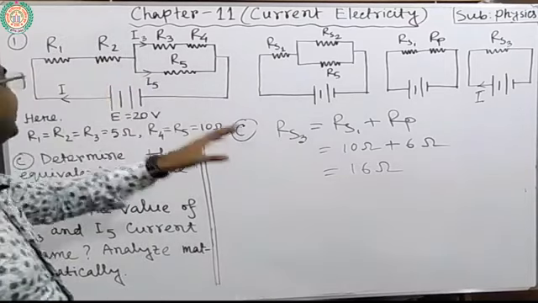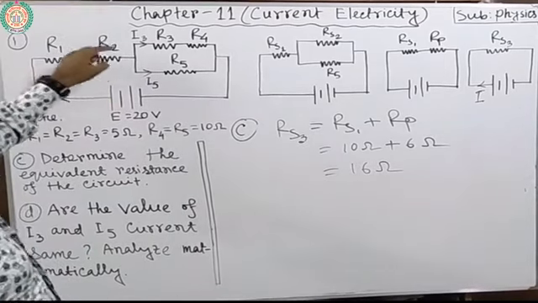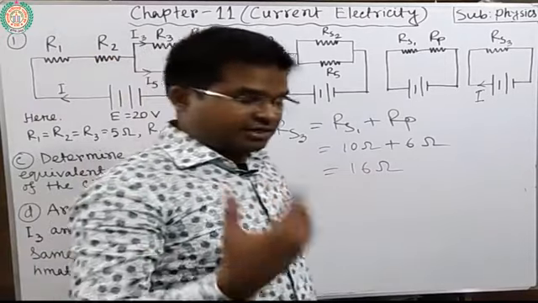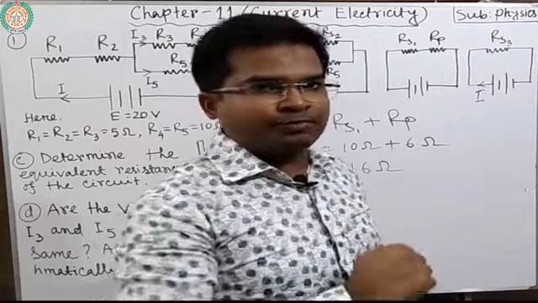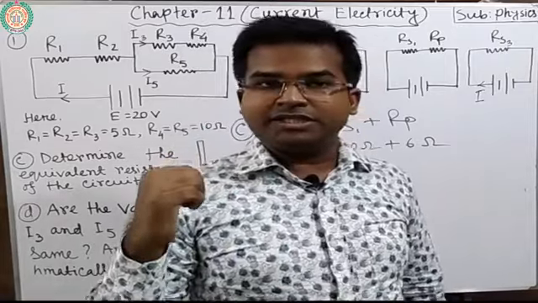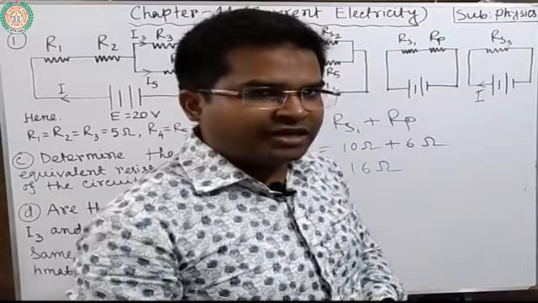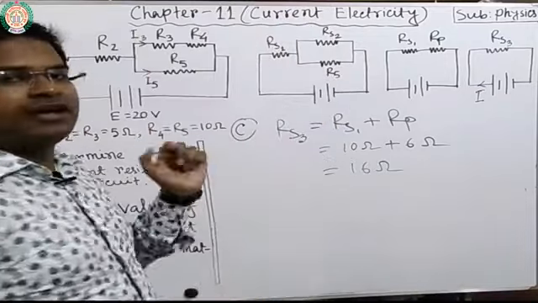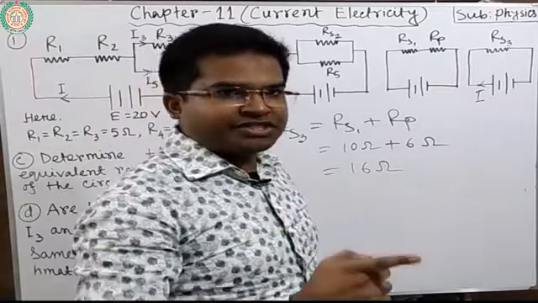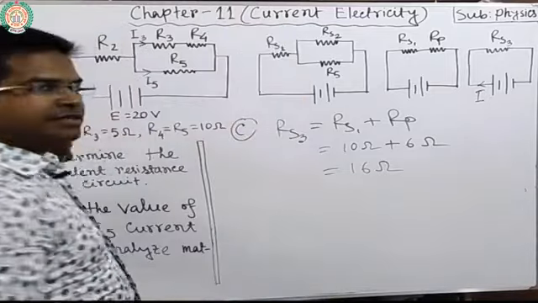That means when the main current reaches this point, it will be divided into two parts. One is I3, which is going through the R3 and R4 resistances, and another is I5, which is going through the R5 resistance. So you have to determine first the main current of this circuit.